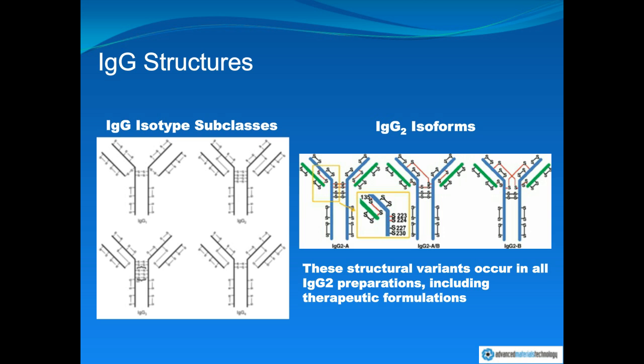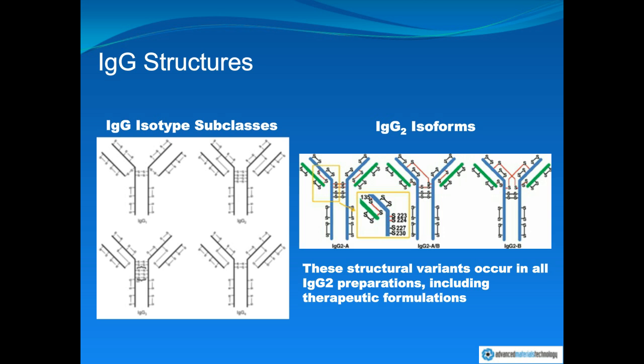In the case of IgG2s, the interest here is that we don't simply have, like we do with an IgG1, a major disulfide bridged form. We have spontaneous formation of multiple types of disulfide bonded intact IgG forms.